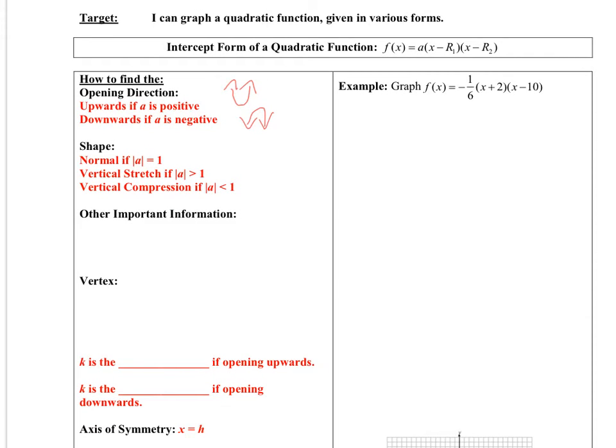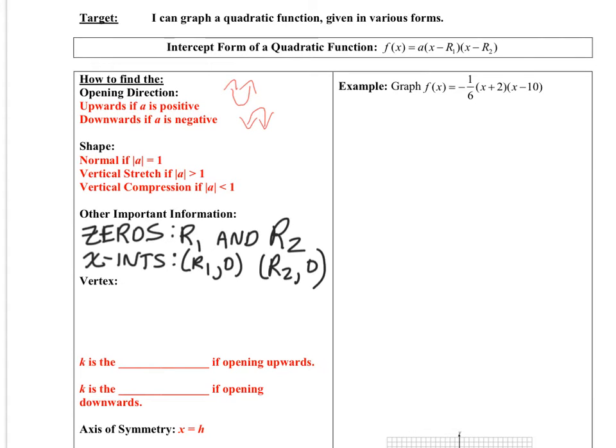Anytime a function is written in factored form, we can set the function equal to 0, and then we'll be able to apply the zero product rule that you learned in Algebra 1. The zeros of the function will be r1 and r2. Notice that they are opposite in sign of what's in the parentheses, and this will happen because when you solve the equation, for example, x minus r1 equal to 0, you would add r1 to both sides.